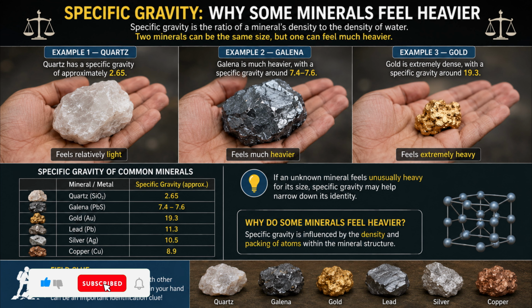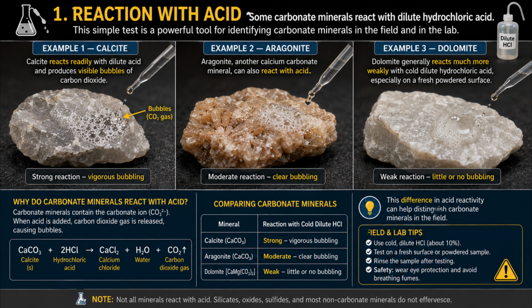Other special mineral properties: we have now covered the 8 major physical properties, but geologists have even more tools. Some minerals have special properties that make identification much easier. Reaction to acid: some carbonate minerals react to dilute hydrochloric acid.